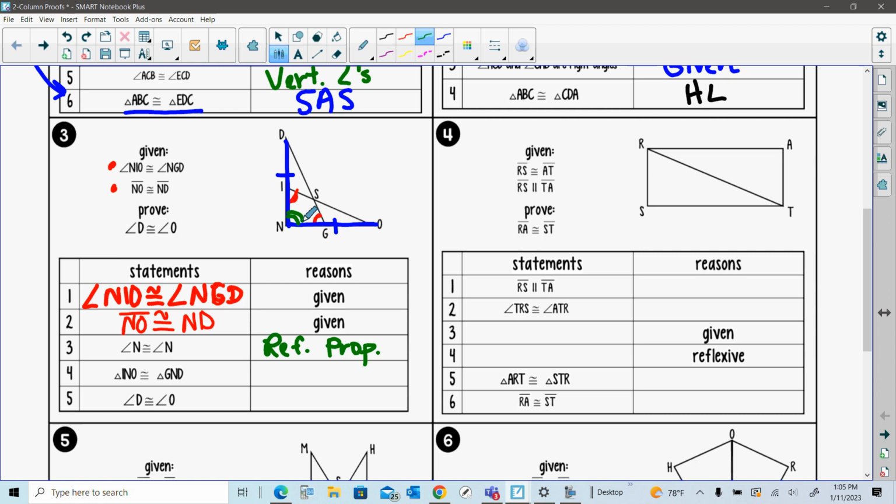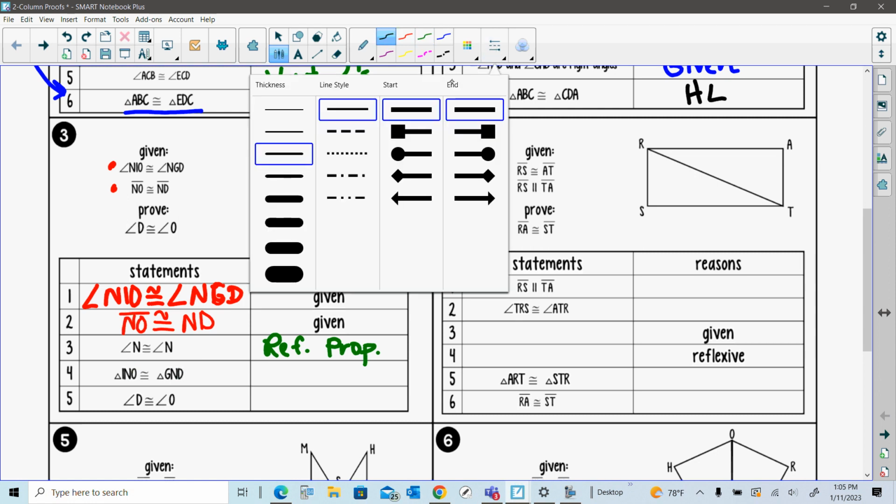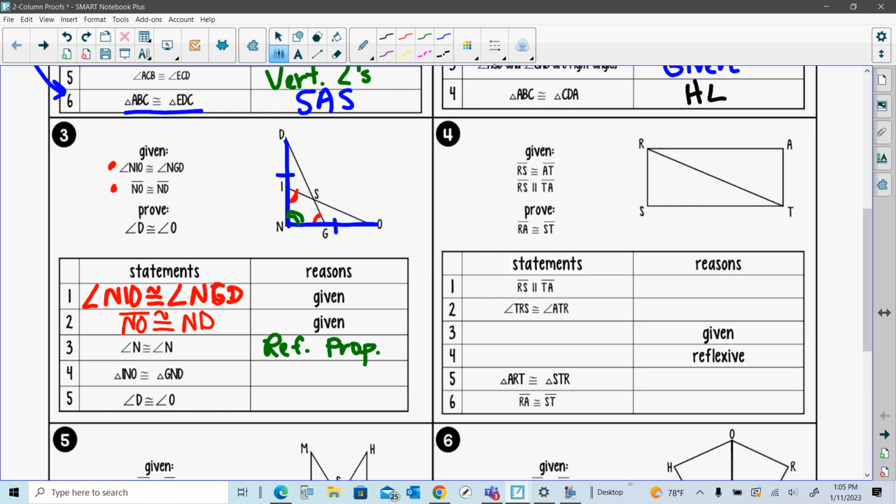So line 4 wants us to prove that triangles are congruent. I'm not sure if you can see this triangle I and O. There's an angle here at I. There's an angle at N. And then there's a tick mark at NO. This is by angle side.